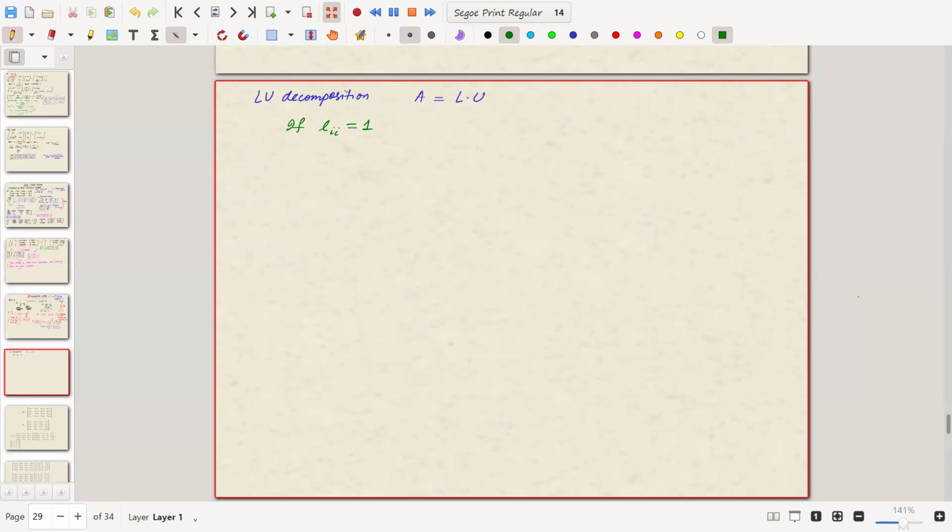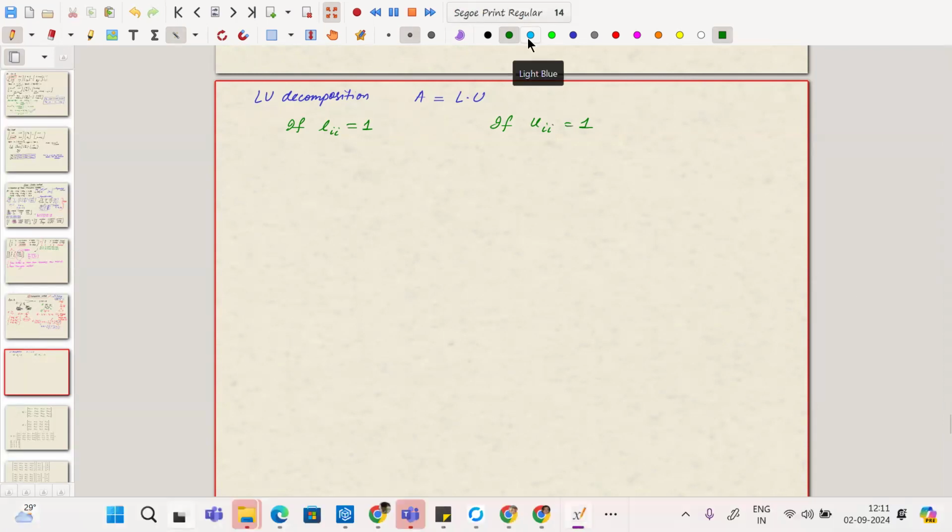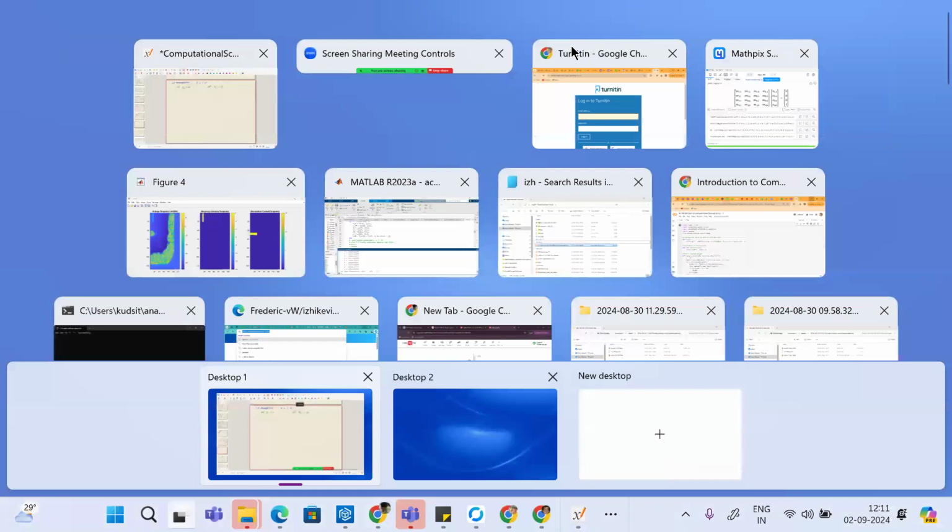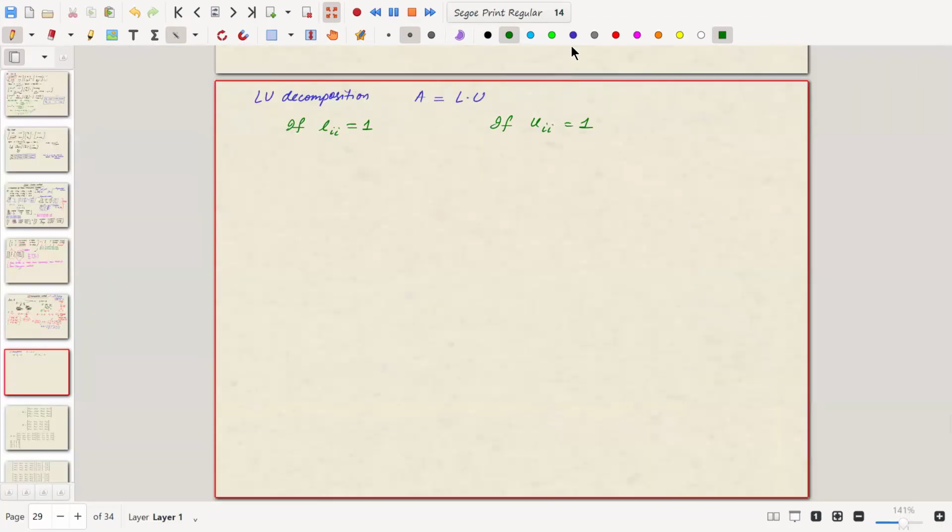If there is another method, if U_ii equals 1, there is another method, but same LU decomposition we're doing. If L_ii equals 1, and you solve by LU decomposition, this is known as the Doolittle method.